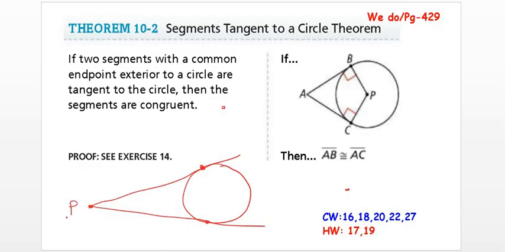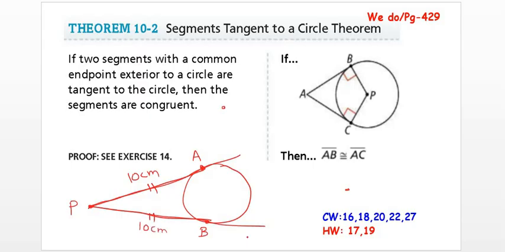For example, if this point is P, and these points are A and B, then the distance from P to A and the distance from P to B will be the same. So if this one is 10 centimeters, then this distance will also be 10 centimeters.